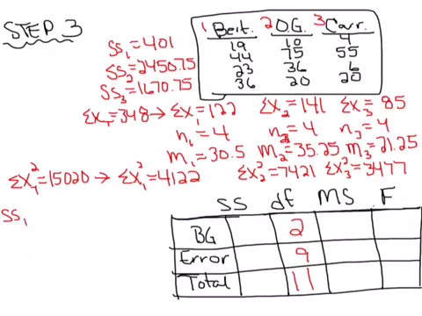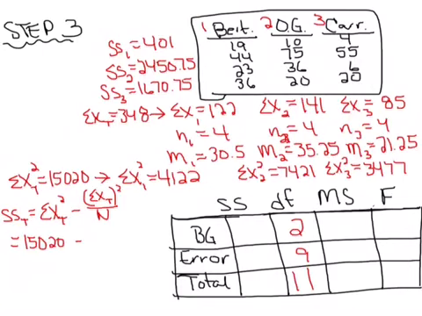How we get that is sum of x squared total minus sum of x total in parentheses squared divided by n.